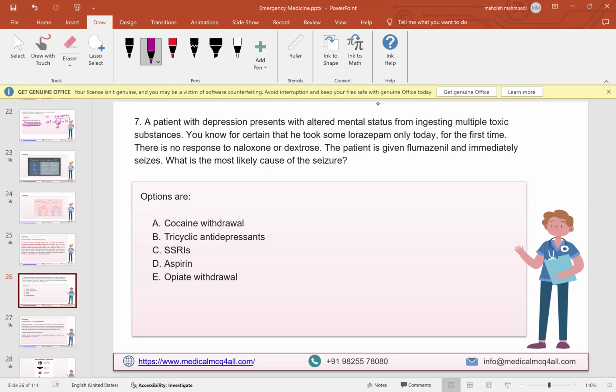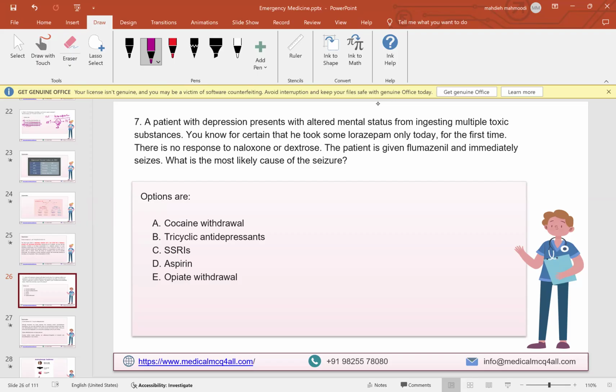Anyone else? Okay. So here's the thing. The patient has taken something that, if added with flumazenil, causes seizure.